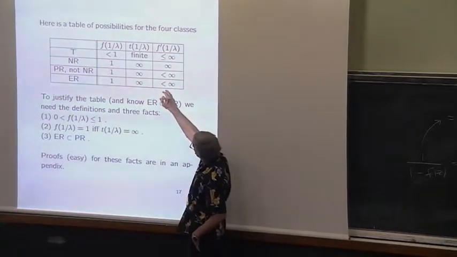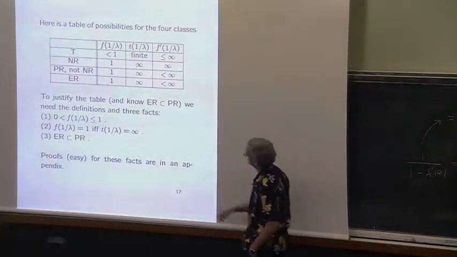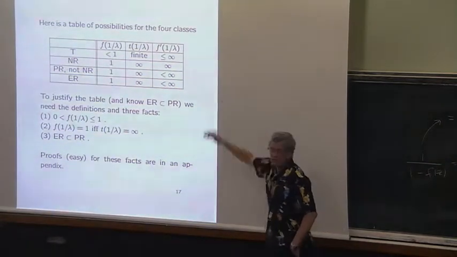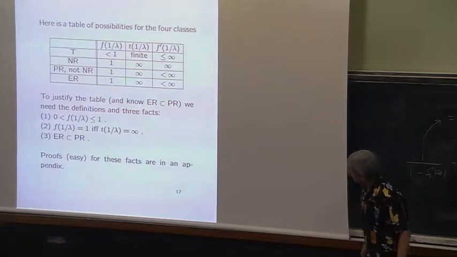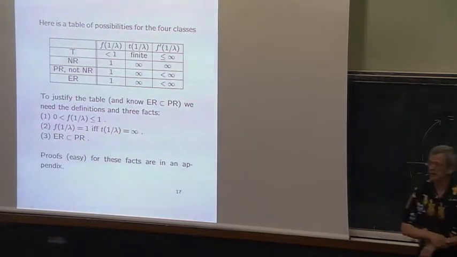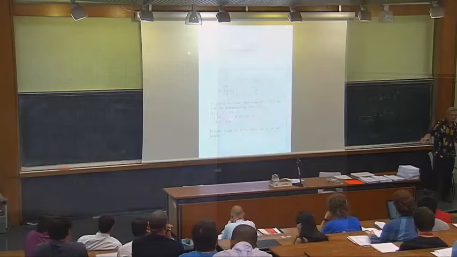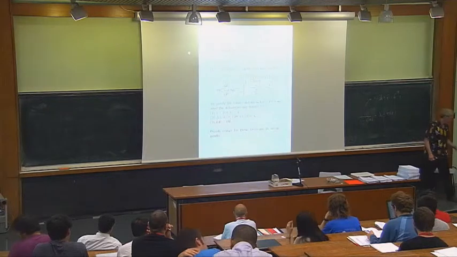Okay, so because ER is a subset of PR, this also holds. And in the tangent case, well, those tangent matrices, it could go either way. Okay, so I wrote down proofs of this in an appendix that we're unlikely to have any time for, but you can easily check when you get access to the notes.